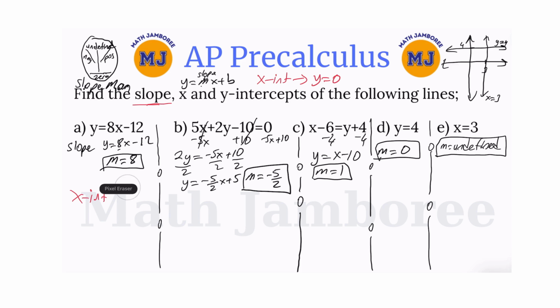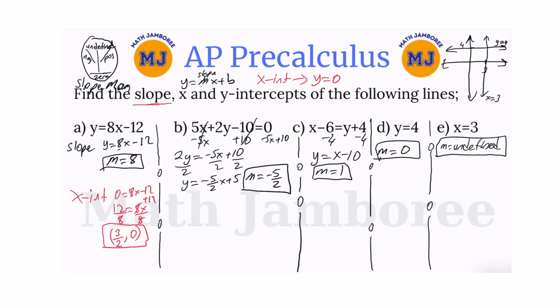I want to go ahead and write 0 for the y. 0 equals 8x minus 12. Add 12 to both sides. This becomes 12 equals 8x. Divide both sides by 8. When you simplify by 4, this becomes 3 over 2. So our coordinate is 3 over 2, and the y value will be 0 for the x-intercept.